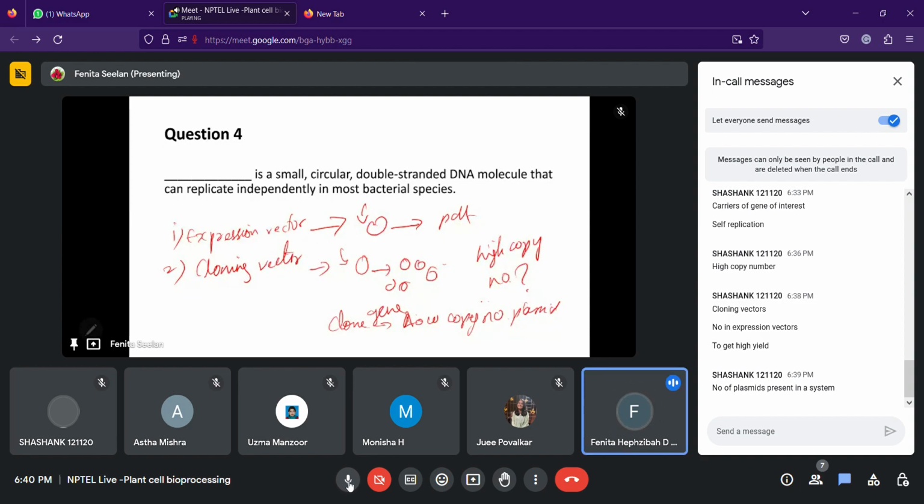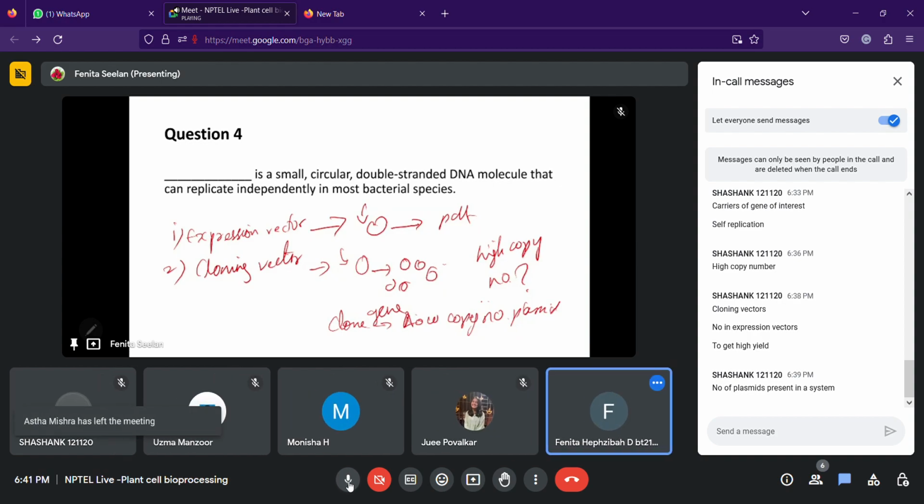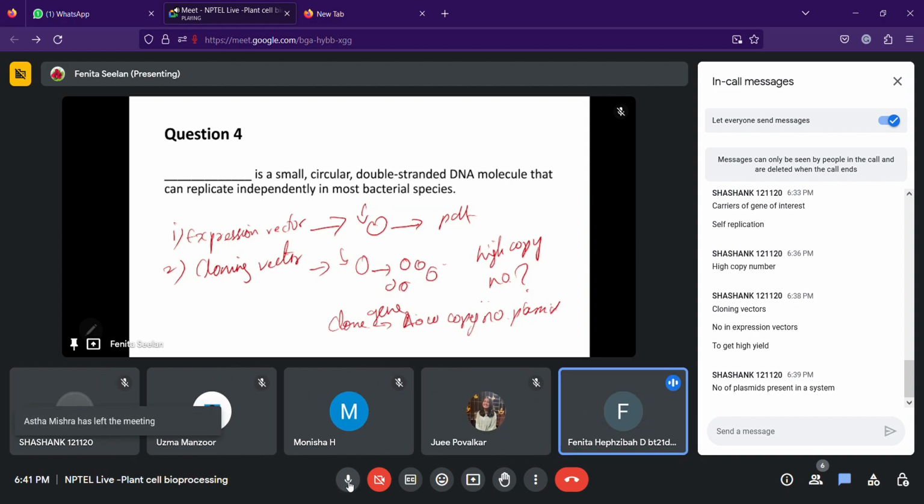Does the size of the plasmid matter when you are doing a transformation experiment?